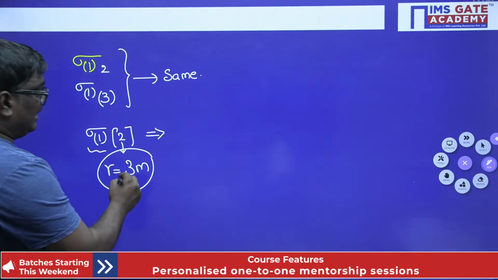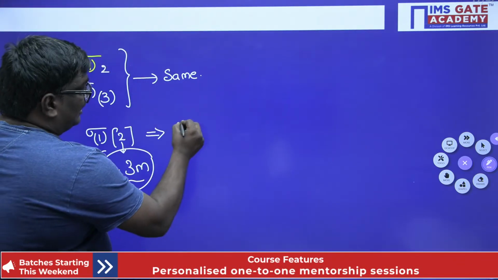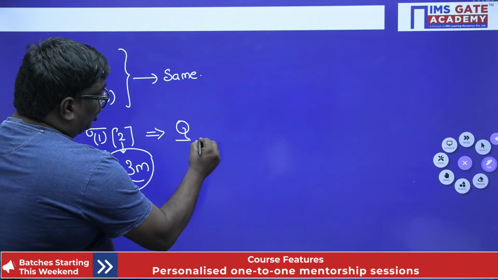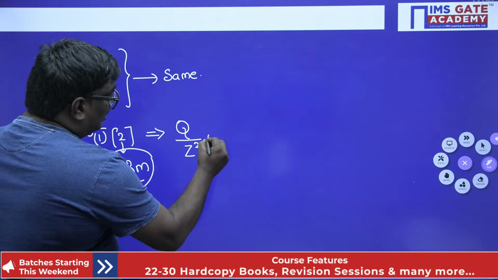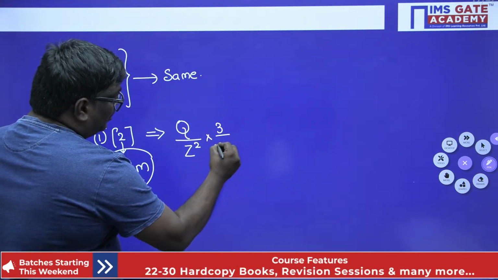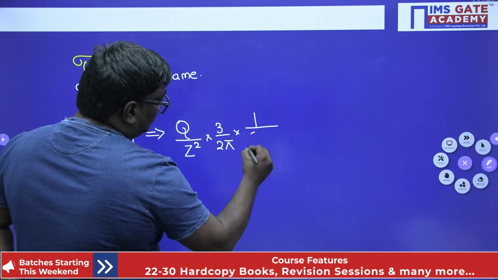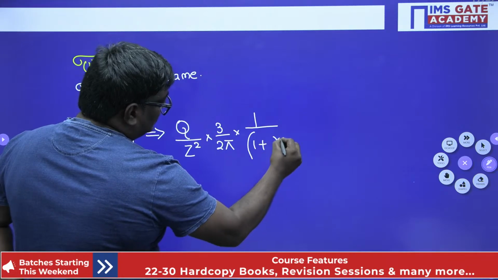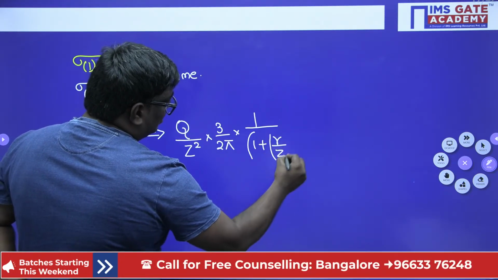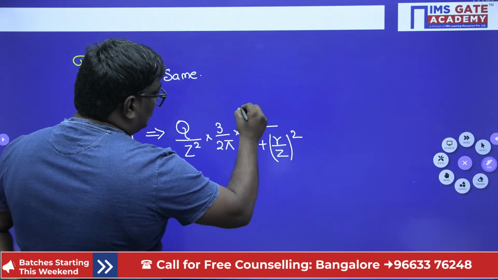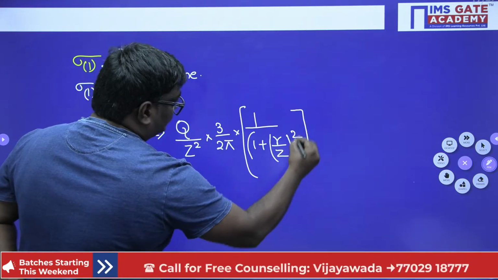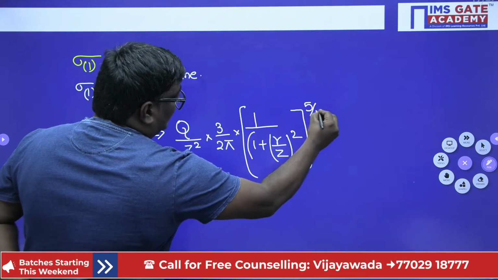So, here if I take radius as 3 meter, it will be taken as Q by Z square into 3 upon 2 pi into 1 upon 1 plus R by Z whole square whole power 5 by 2.